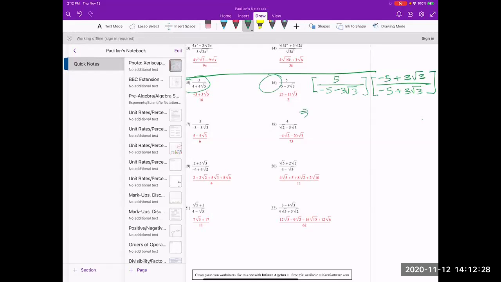All right, so tell me what you get at the bottom when you distribute it. Negative 25 plus... is it still negative? 25 plus root 9.